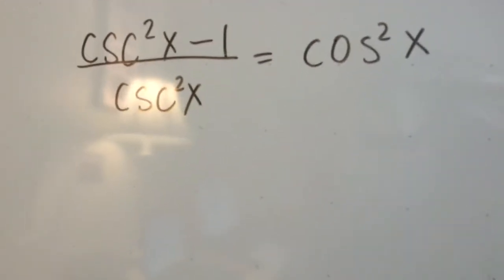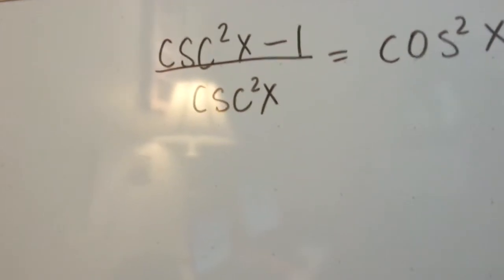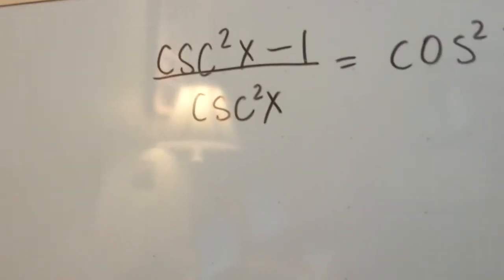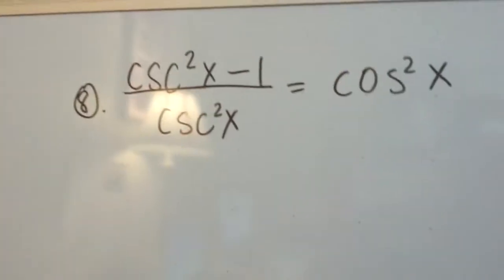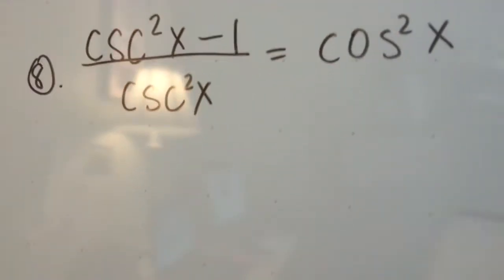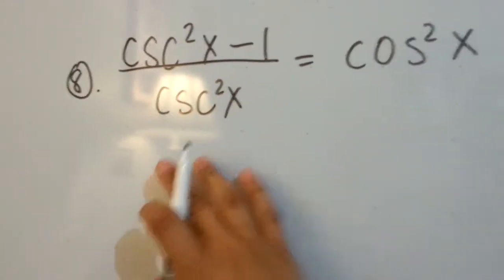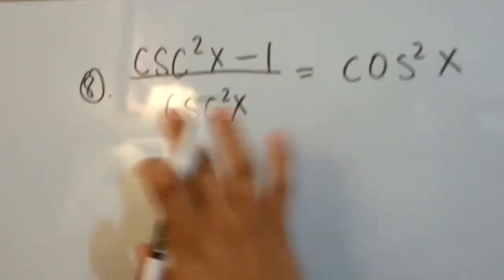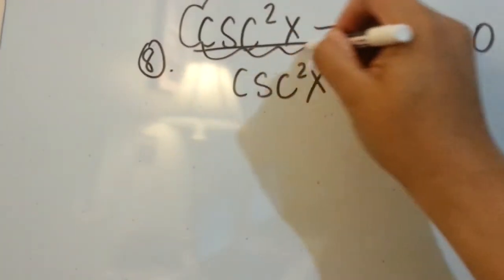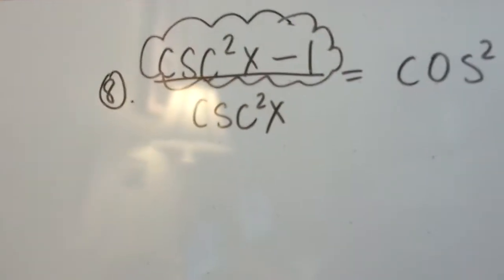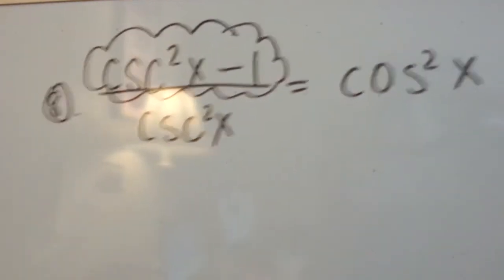Okay, problem number 8. We have to prove that this side is equal to cosine squared x. So we're going to work on this side only. The first thing you need to realize is that this is equal to something, and I'm going to show you on the identity sheet.